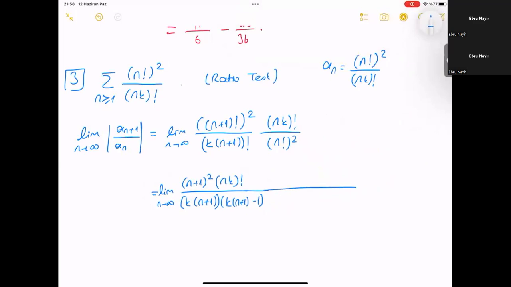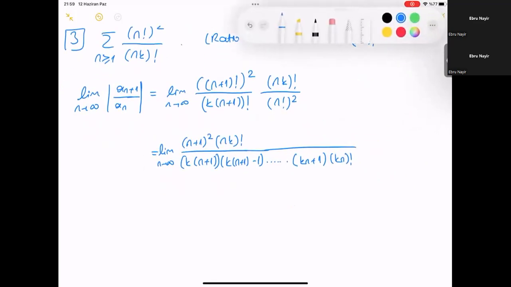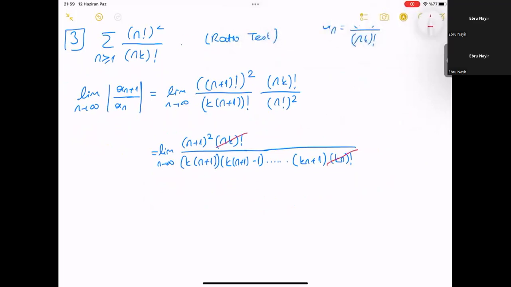Then times kn plus 1 times kn factorial. Now, if we simplify these ones, they are equal. Then what do we get?